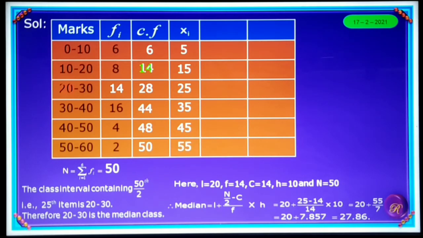Next column is for absolute values of xi minus M. That is absolute value of 5 minus 27.86, that is 22.86.